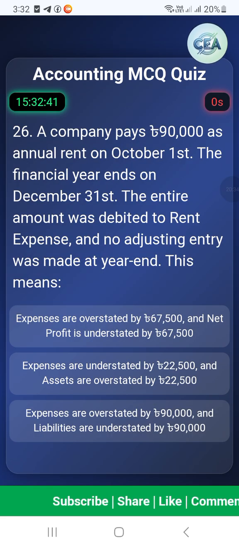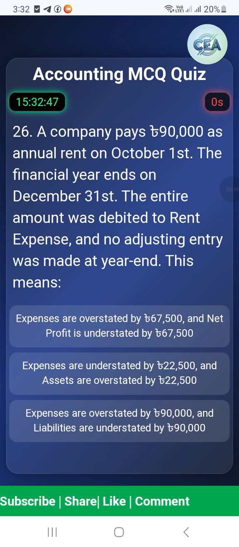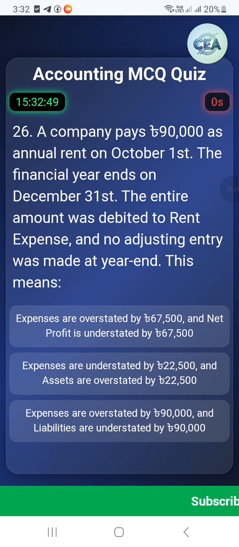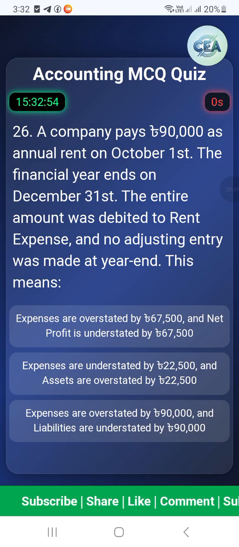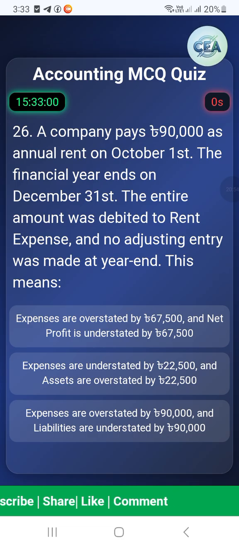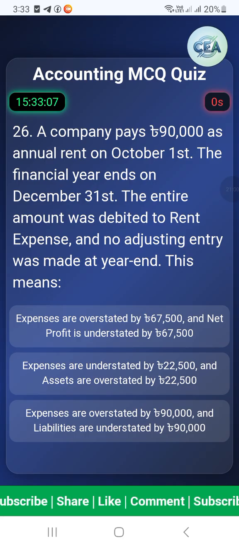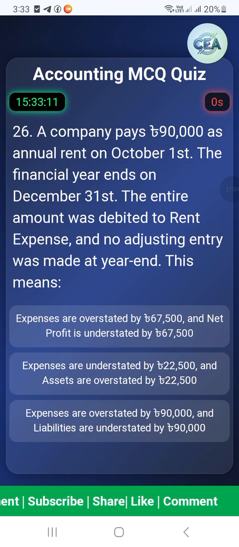26. A company pays 90,000 takas as annual rent on October 1st. The financial year ends on December 31st. The entire amount was debited to rent expense, and no adjusting entry was made at year end. This means, Option 1. Expenses are overstated by 67,500 takas, and net profit is understated by 67,500 takas. Option 2.